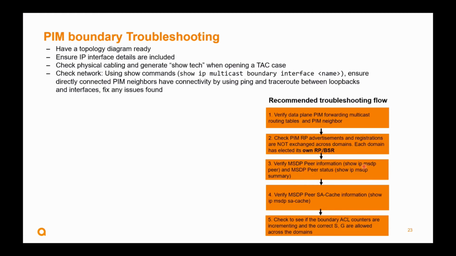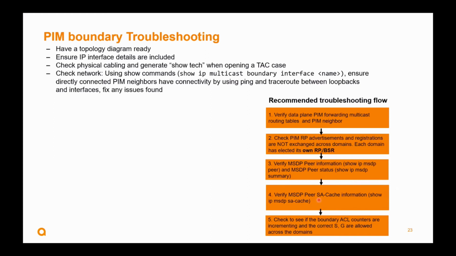There are several commands we can take a look at. A good one, show ip msdp summary, is a quick way of looking at our peers, and we'll look at those in a little more detail. I also want to validate whether the source is valid, and whether my peer, maybe domain one, is announcing that source active.